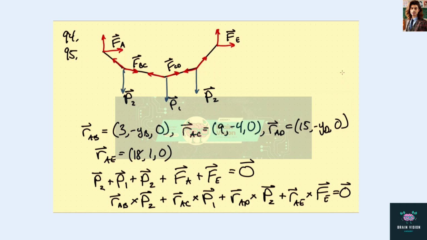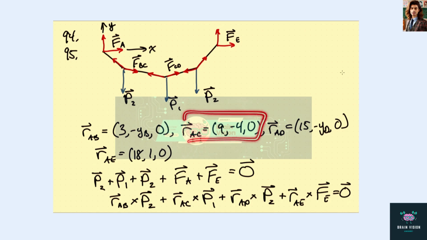So if we look at this free body diagram as a whole, first we can write position vectors to all of our points, and I'm going to use point A as my origin. So point B is 3 meters in the x direction and some unknown distance in the y.